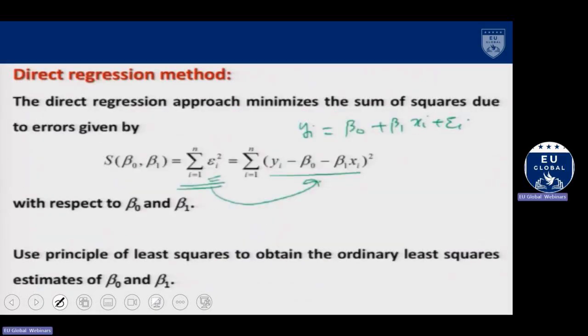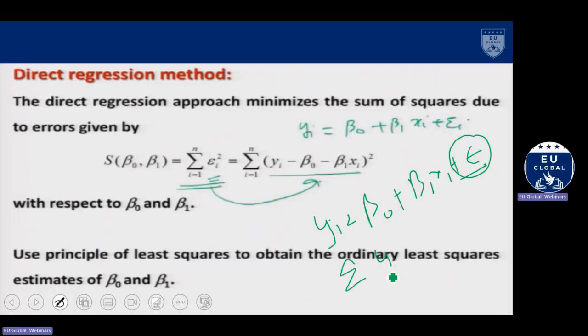So this is the direct regression method. As you can see, we write yi is equal to beta naught plus beta 1 xi plus epsilon. So the sum of squares of epsilon will be equal to the summation of (yi minus beta naught minus beta 1 xi) whole square, right?